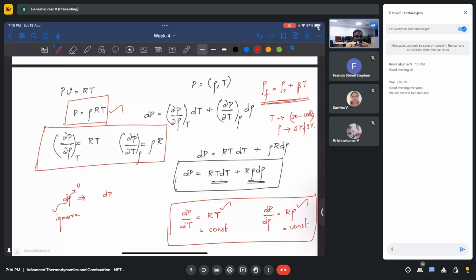It just quantifies the dependence. Let's say for a fluid it is a weak dependence, for gases it is a strong dependence. That is what they meant when they asked that question, I think. Okay. Is that fine, Francis? Okay, sir. Yes, sir. All right.